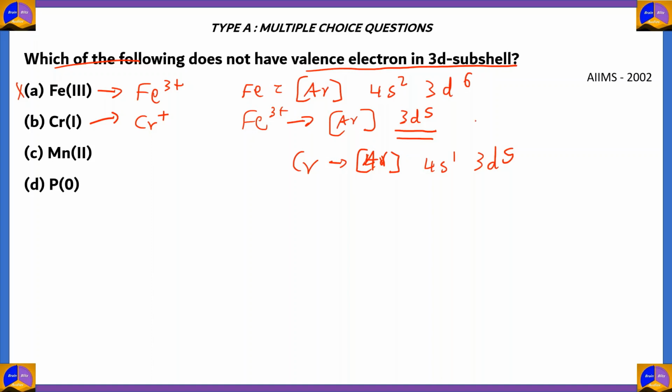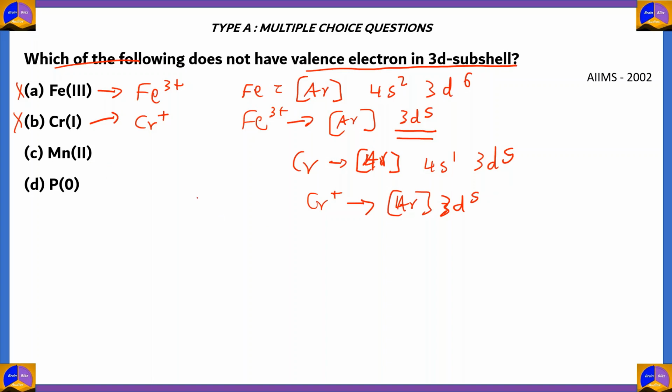And we are trying to remove 1 electron, so it makes sense to remove the one in 4s. So Cr+ will give you argon and 3d5. So the valence electrons are in the 3d subshell. So therefore, option B is also incorrect.